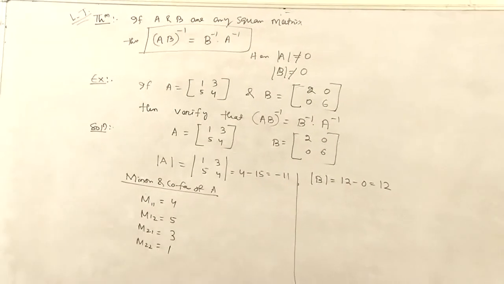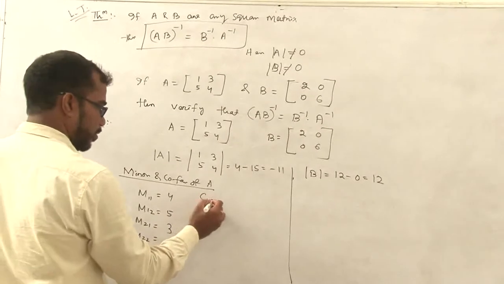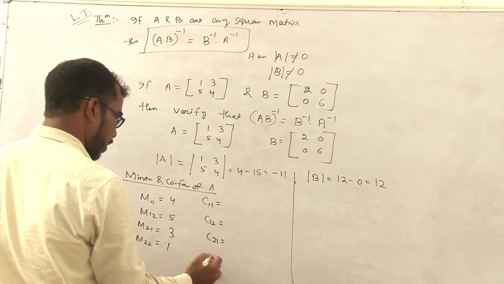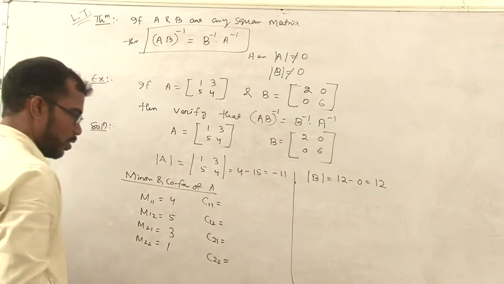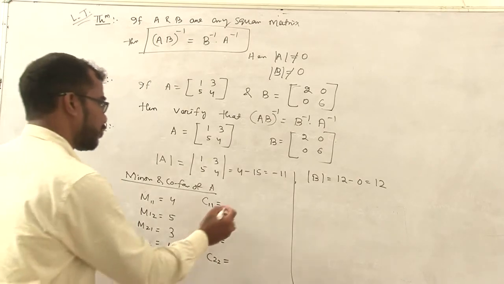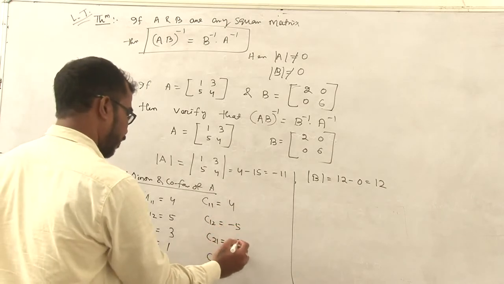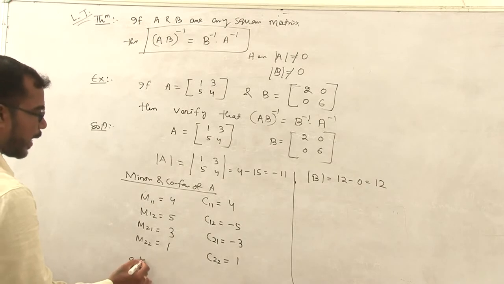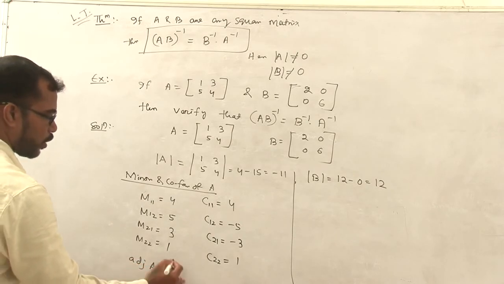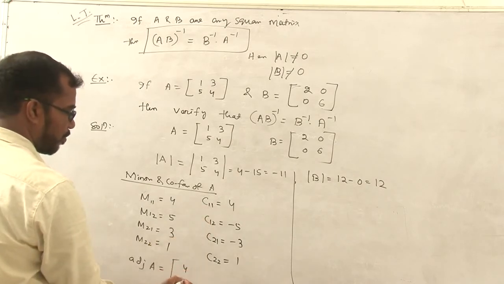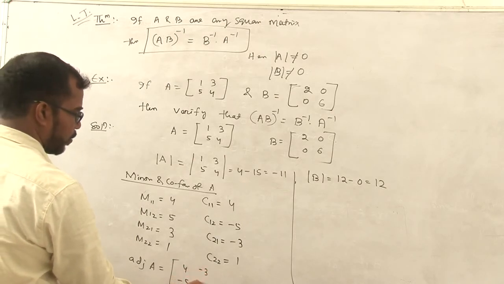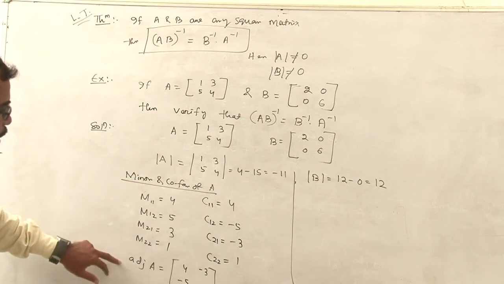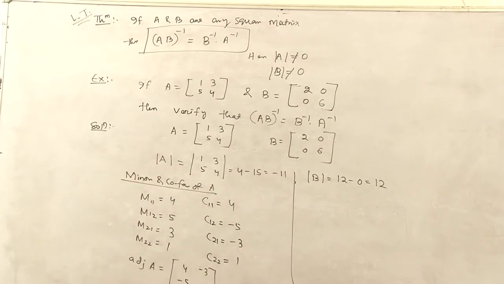So these are the minors. Then write the cofactors C11, C12, C21 and C22. So C11 is 4, minus 5, minus 3, 1, and then write the adjoint of A. So the adjoint of A is [4, minus 3; minus 5, 1]. So this is the adjoint of the matrix A.